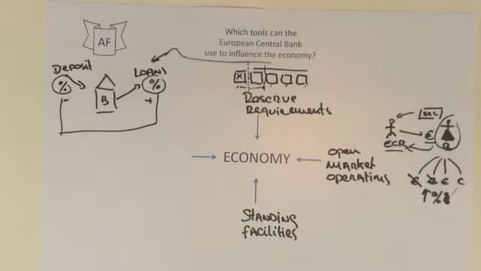And in order to make sure that the next morning everybody's ready for business, the European Central Bank says to the banks that have a surplus of cash, they can come to the European Central Bank and deposit that surplus overnight. And the same goes for the banks that have a shortage of cash. They can come and get a quick loan.